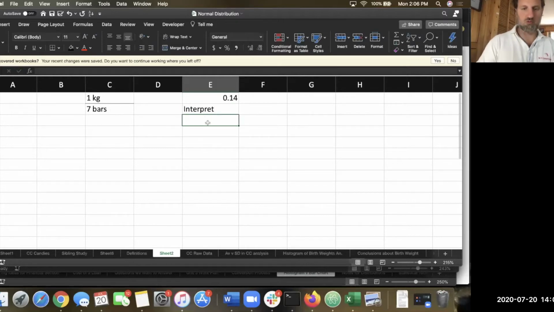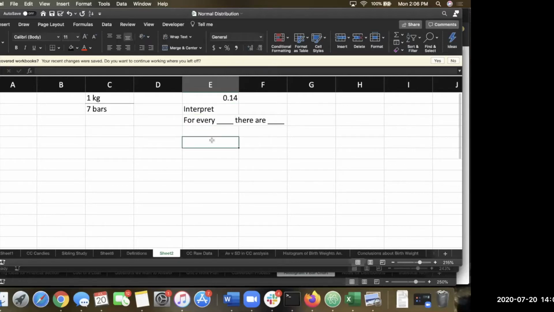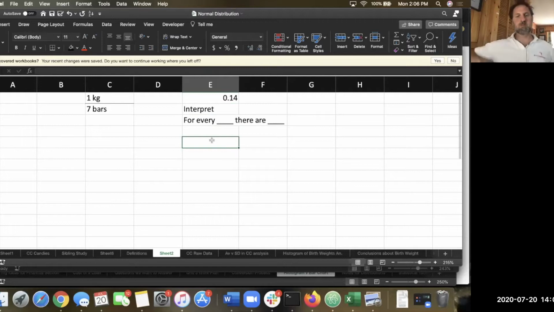Let's see how your ratio interpretation skills are. All right, what do you think?